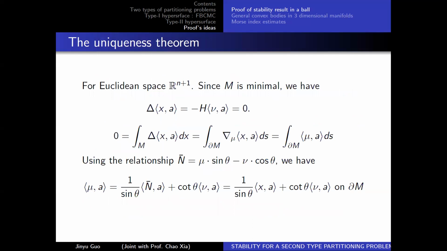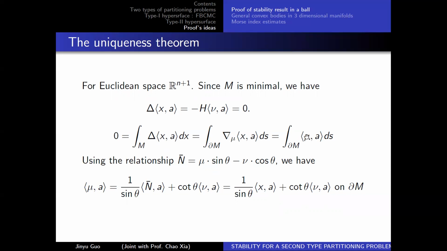For Euclidean space R^{n+1}, because M is a type 2 hypersurface, M is minimal, so we have the Laplacian of the product of x and A equals 0. Here x is the position vector field, and A is a constant vector field in Euclidean space. We can take integration by parts, and we have 0 equals this function.